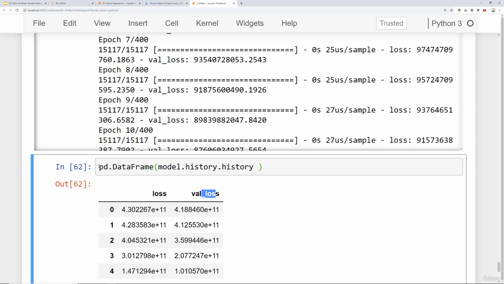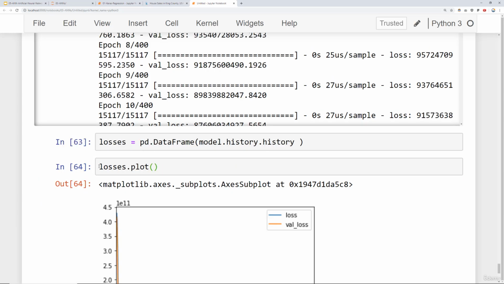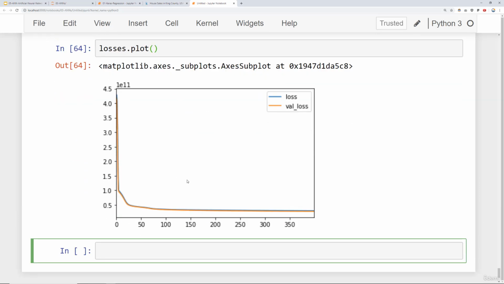The best way to do that is by simply plotting these. So I will say losses is equal to pd.DataFrame, and then I can say losses.plot, and I can directly compare the plot behavior of my blue training loss versus my orange validation loss. This is exactly the kind of signal we want, where there's a decrease in both the training loss and the validation loss, and there is no increase so far in the validation set.